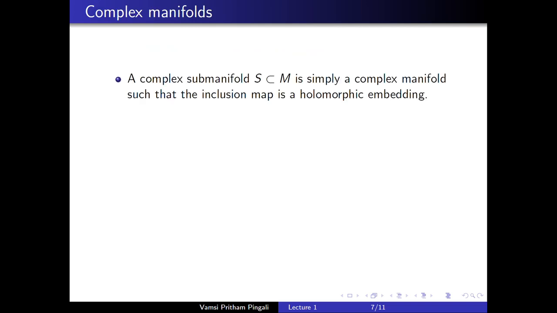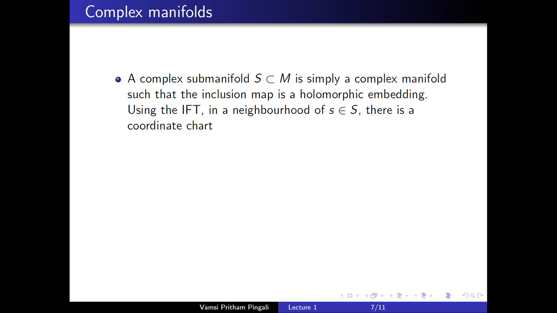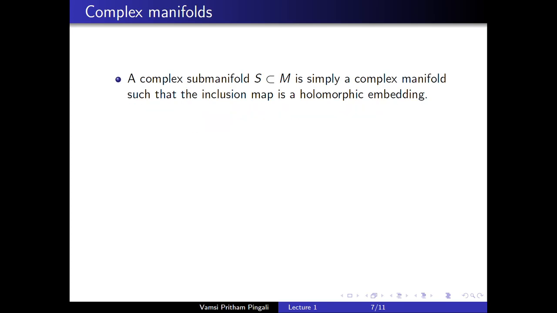Alright, so before we come to examples of complex manifolds, again one last definition. What's a complex submanifold? It's a complex manifold in its own right. It's a subset of M, such that the inclusion map is a holomorphic embedding. Well, what does that mean? Unfortunately, I've defined holomorphic maps between complex manifolds later, but let me just state that right away.